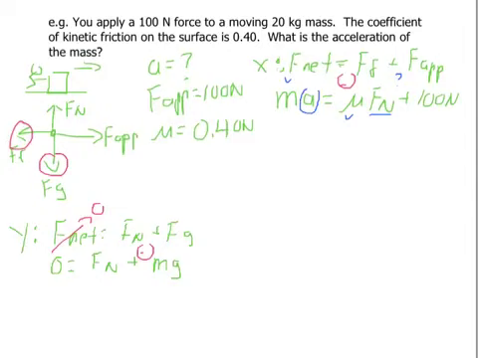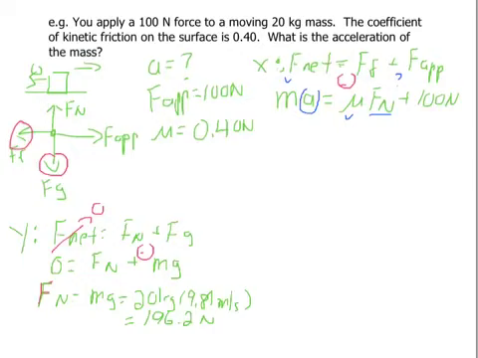We rearrange for Fn. Fn equals mg equals 20 kilograms times 9.81 meters per second squared, and that number is 196.2 newtons.